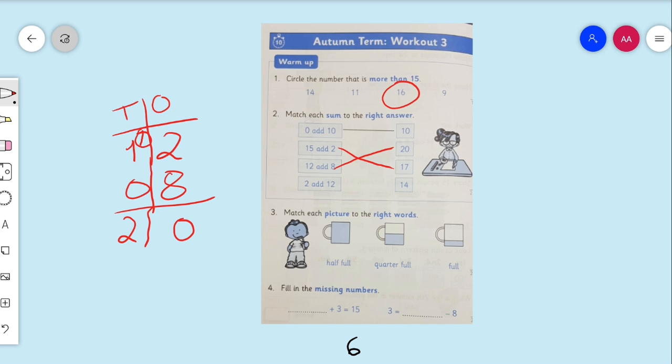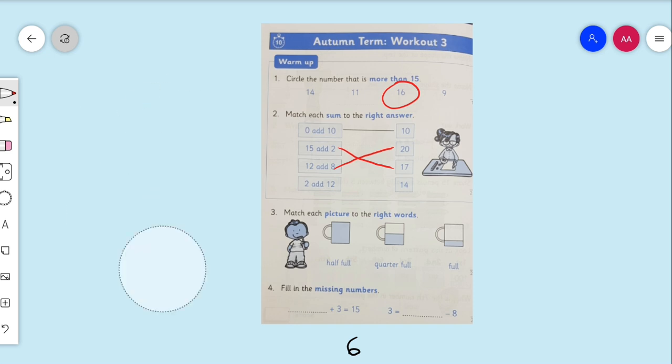Okay, and the last one, it says 2 add 12. So the bigger number in your mind, which is 12, and then count on 2. 12, 13, 14. So it's 14. And the other way, the 10s, the 1s.